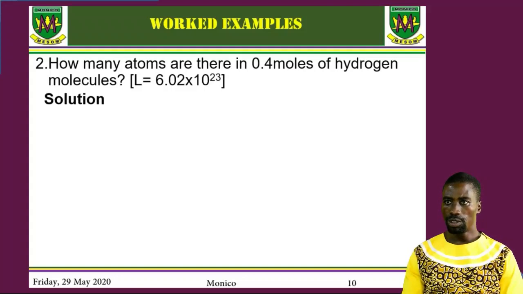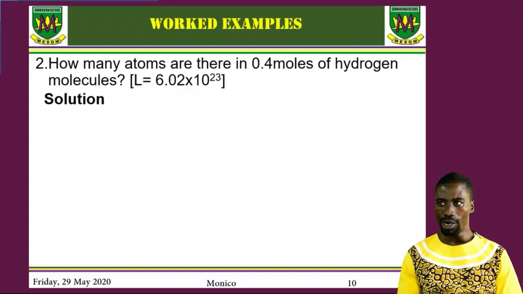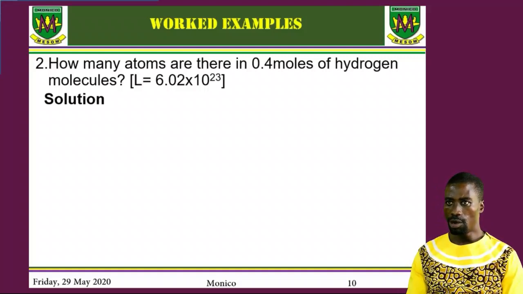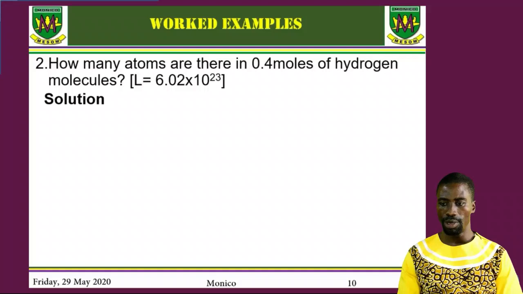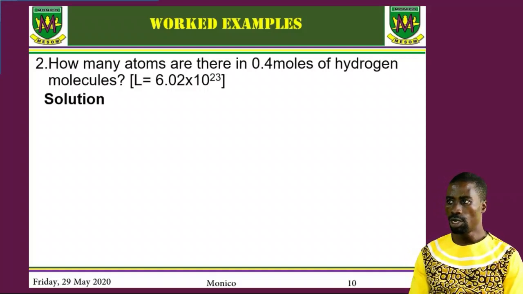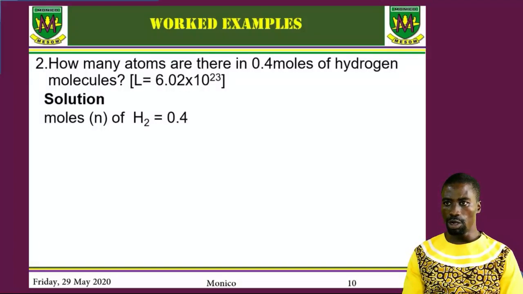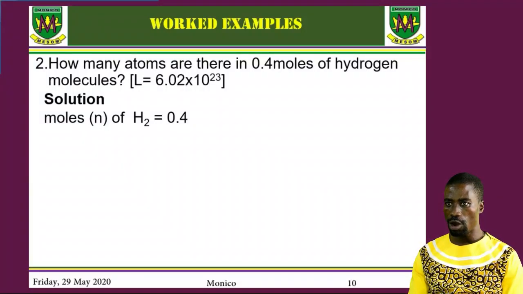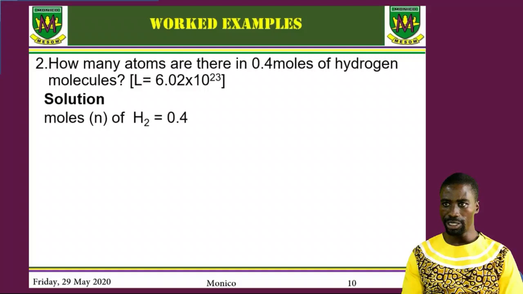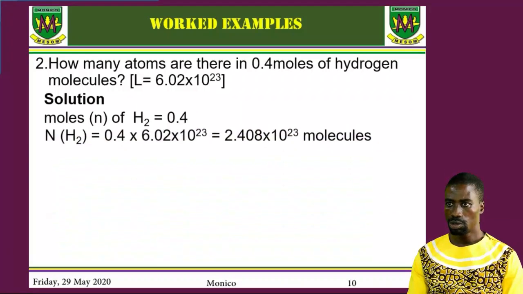And so, if you are dealing with such a question, you have to be careful a bit here. You have to know what is in hydrogen molecules and what we mean by the hydrogen atom and the relation between the two before you do a good job. And so the number of moles that was given was 0.4 moles of hydrogen molecules, which is H2.